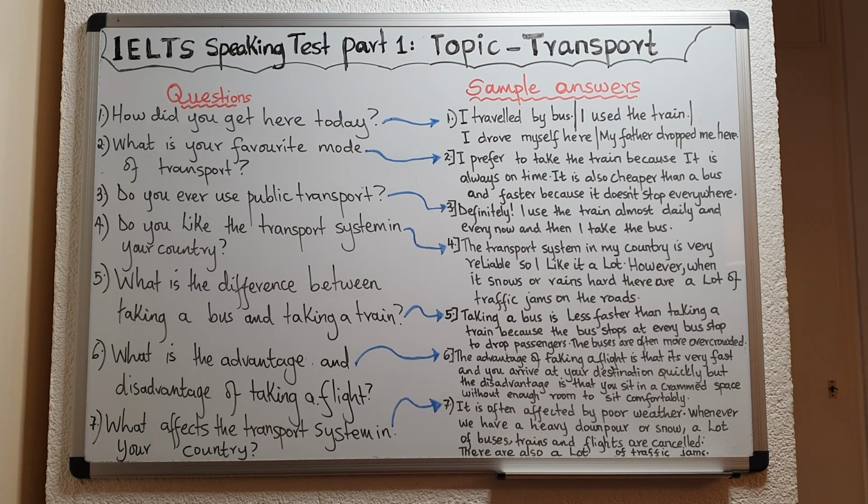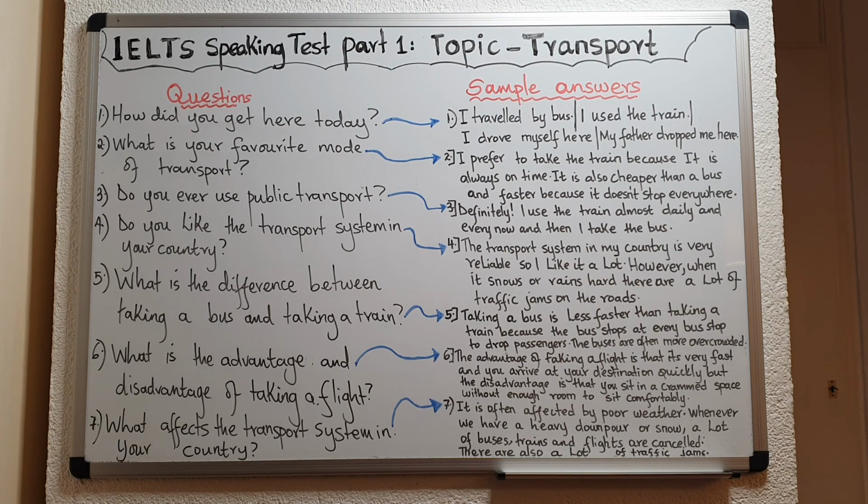According to my answer, I have mentioned that it is poor weather. And I have gone right ahead and clarified or provided a clearer explanation of my answer. So when we're talking about poor weather, we're talking about heavy downpour. That is when it rains really hard. And then when you have snow, and what happens? How does that affect your transport system?